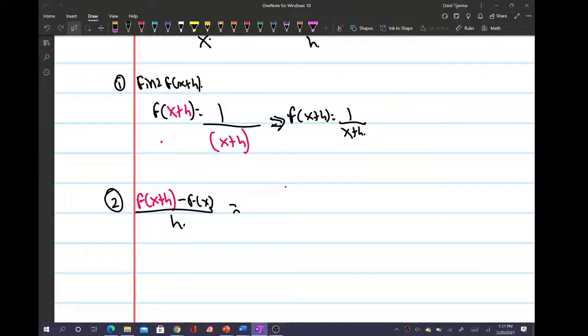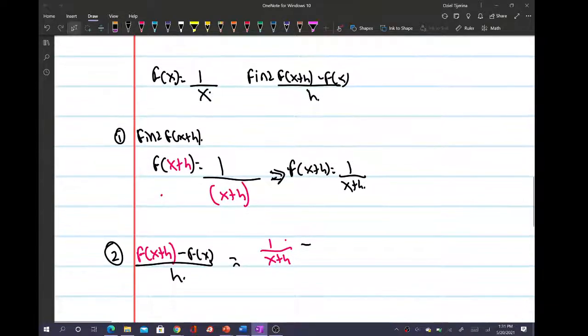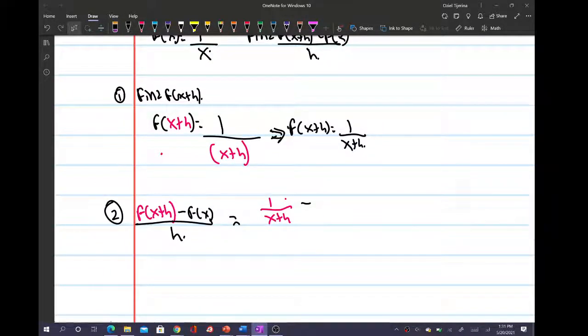Okay, so we're going to plug that in for x plus h. So we have 1 over x plus h. And then we have minus f of x. So basically, we already know what f of x is. f of x is 1 over x. So we're going to say minus 1 over x and all over h, right?